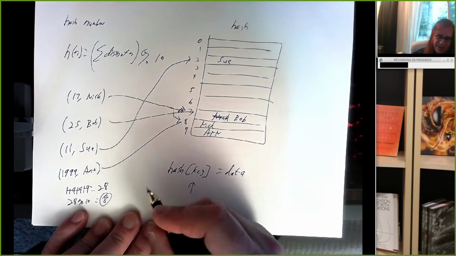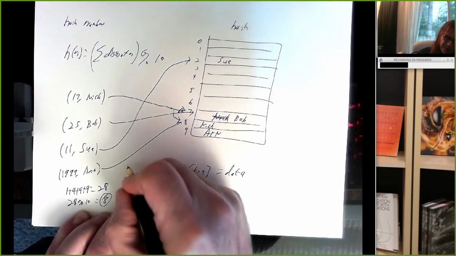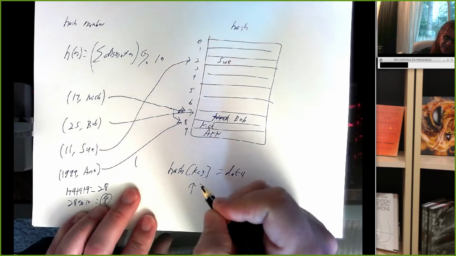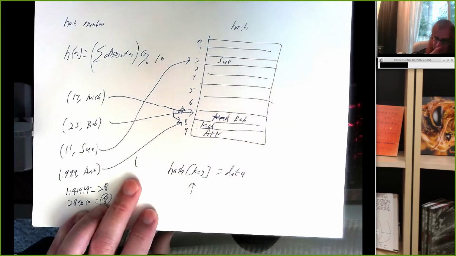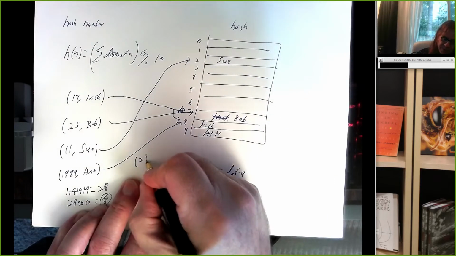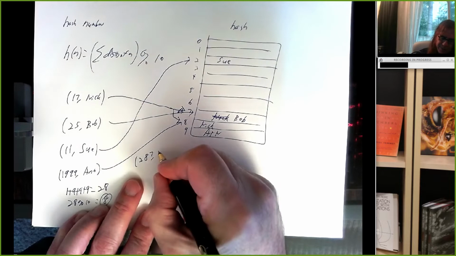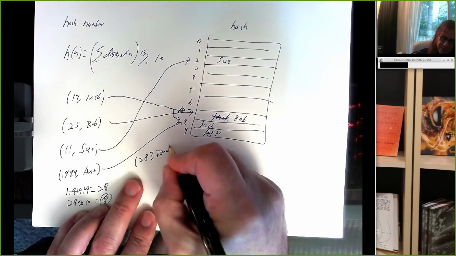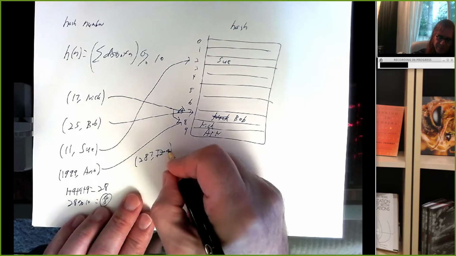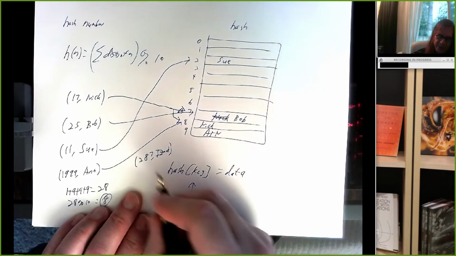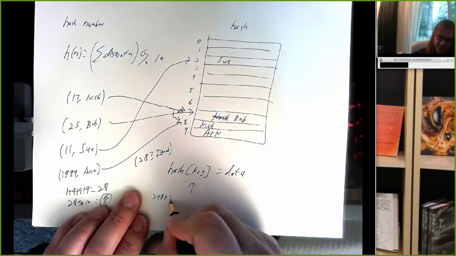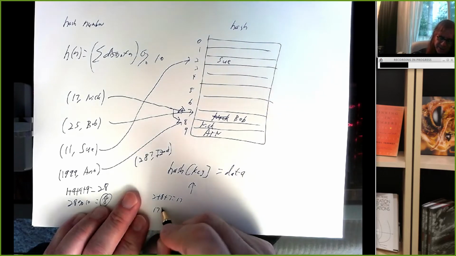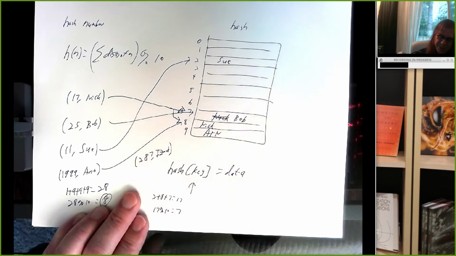All right, and then let's store one more piece of information. Let's go with 287, and we'll put Izad there. All right, so 2 plus 8 plus 7 equals 17. 17 modulo 10 is equal to 7.